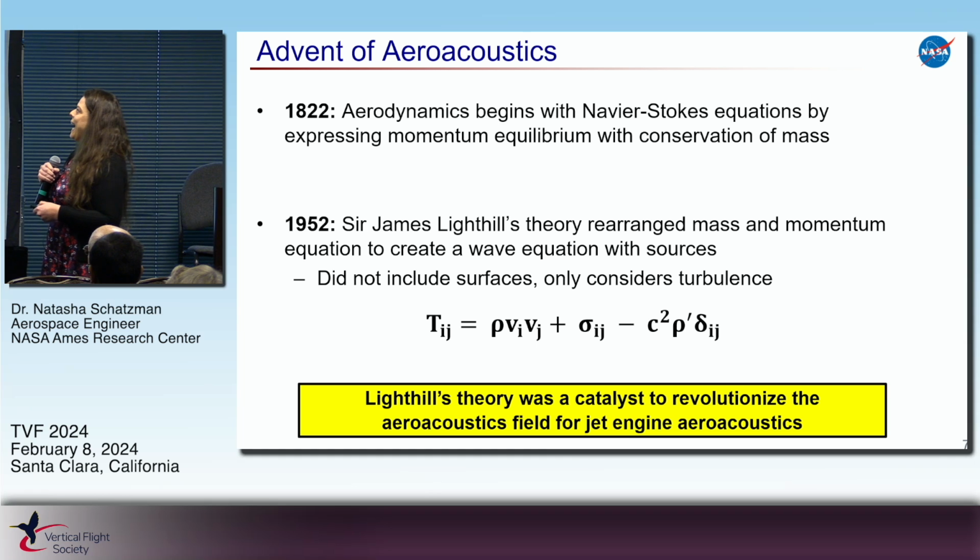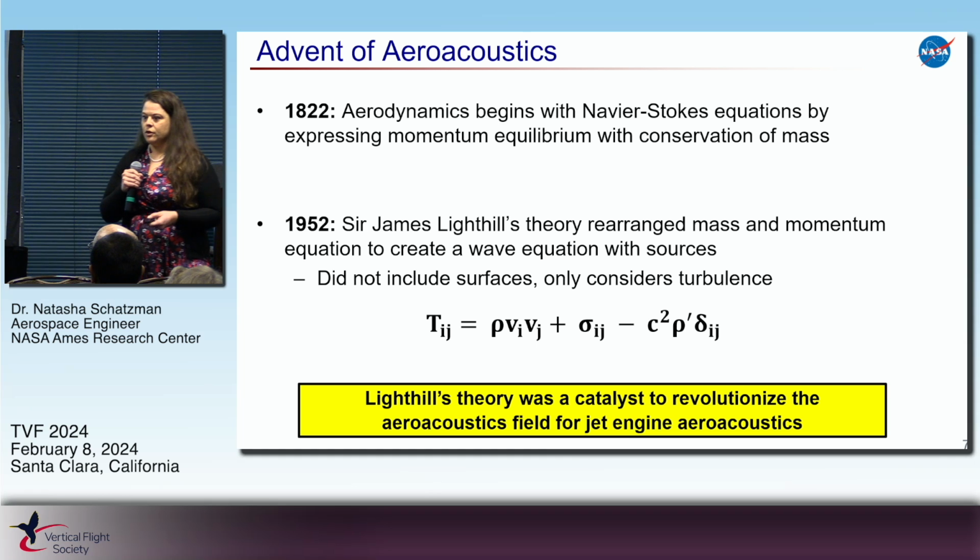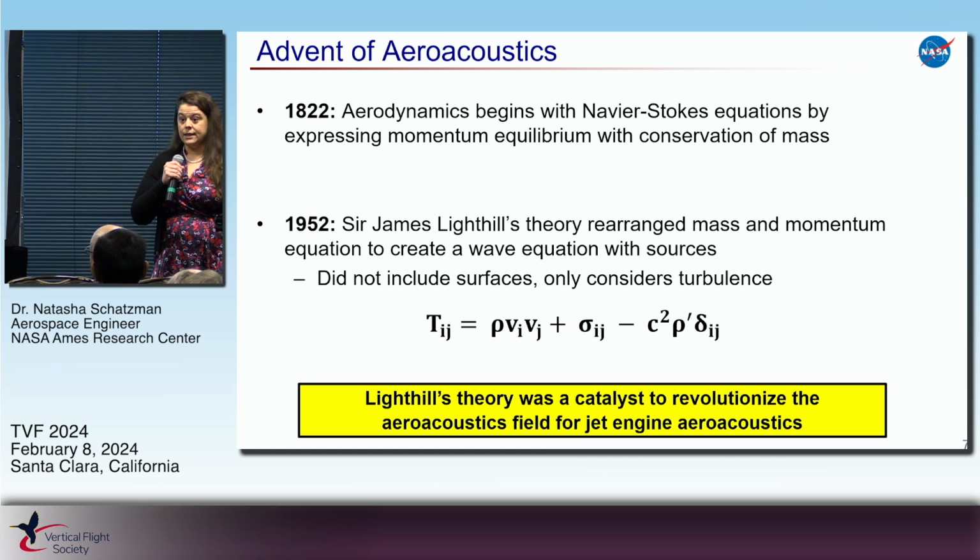All right, the advent of aeroacoustics. We've got to mention Navier-Stokes. In 1822, aerodynamics began with the Navier-Stokes equation by expressing momentum equilibrium with conservation of mass. Then, in 1952, Lighthill came along with a theory and rearranged the mass and momentum equations to create a wave equation with sources.